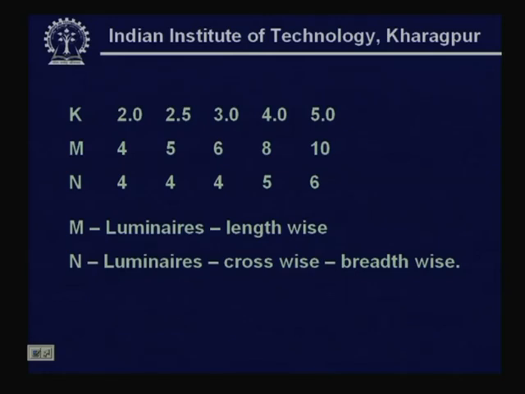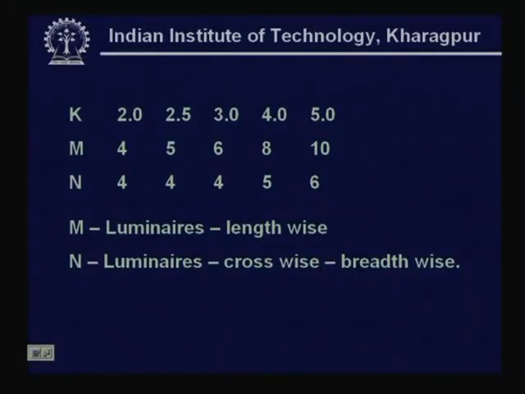I have not said lamps, because again, depending on the illumination required, in a single luminaire I may have a single lamp or a matrix of lamps if they are incandescent lamps, or a matrix of lamps if they are compact fluorescent lamps, or a set of fluorescent lamps, the minimum being 2, and these days we do have 3 and 4 provided.